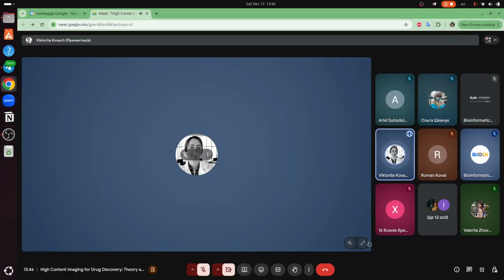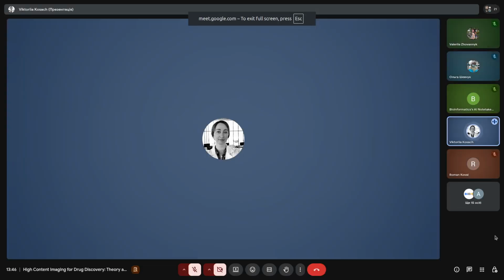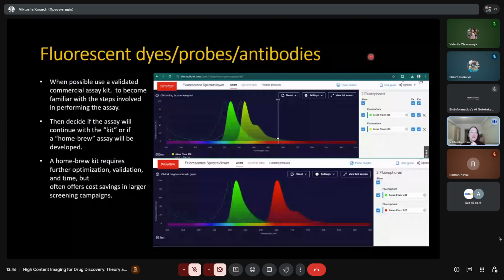It is recommended to firstly use some commercial kit that is validated, that is provided with exact concentrations of fluorescent dyes.